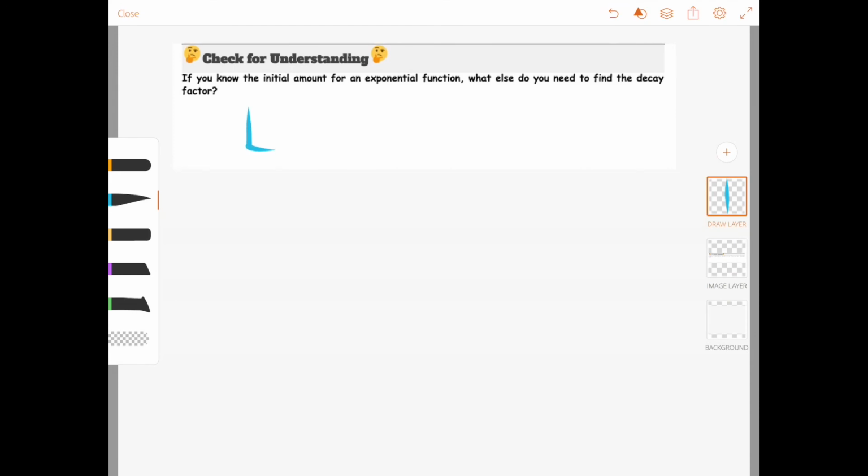So just to check for understanding, if we know the initial amount of an exponential function, what else do we need to know to find the decay factor? We would need either the growth or decay factor, depending on if it's exponential growth or decay, and you need that factor for a certain interval.